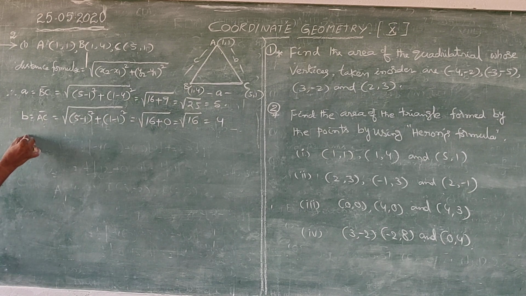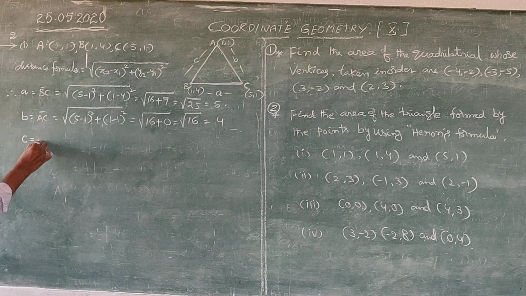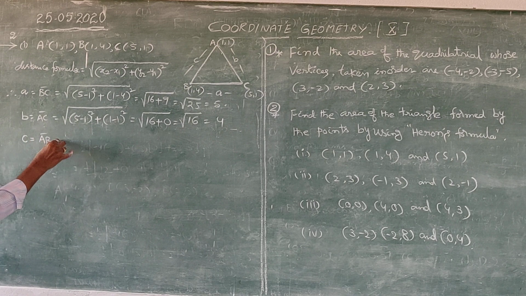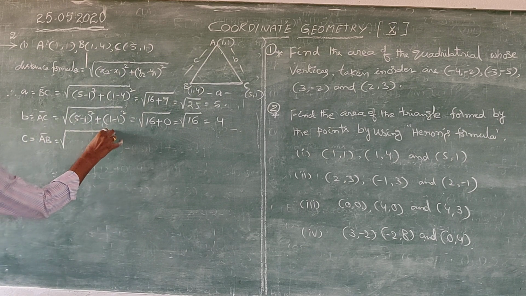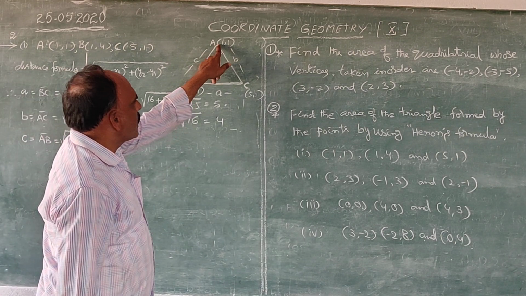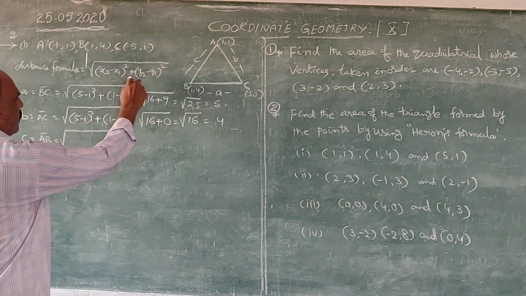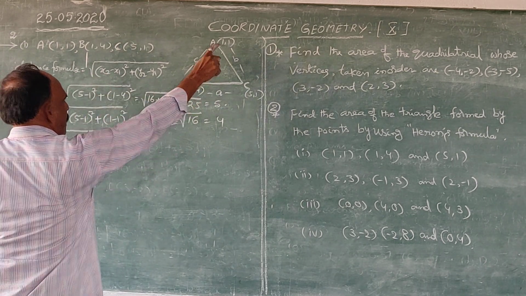And the next step, the c value. c is equal to the length of AB. Using the distance formula, substitute these values for AB. So A is (x1, y1) and B is (x2, y2). So root of (x2 minus x1) whole square. x2 is 1, x1 is 1.